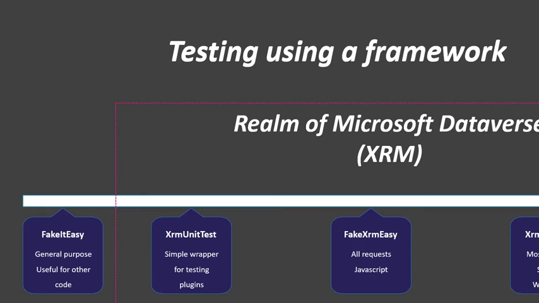But if you want to test something more, if you have some special requests that you need, if you wanted to write some automated tests for JavaScript, then there's also this alternative, FakeXrmEasy.